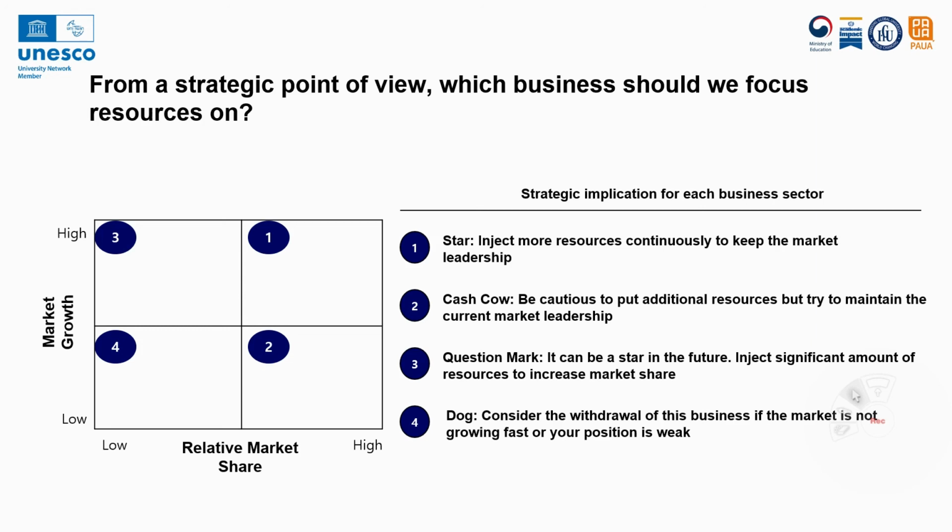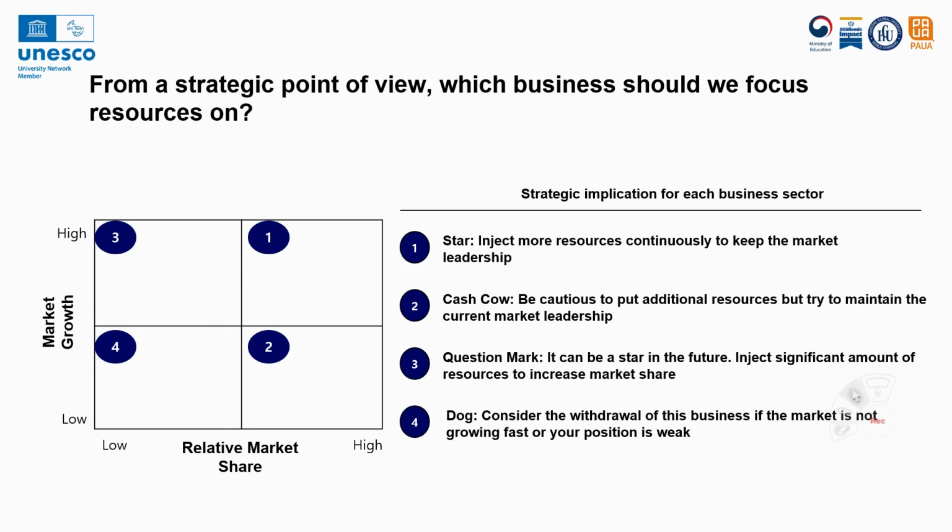And what about the final business sector, the dog area? You may consider the withdrawal of this business if the market is not growing fast in the near future, or your position is still quite weak.